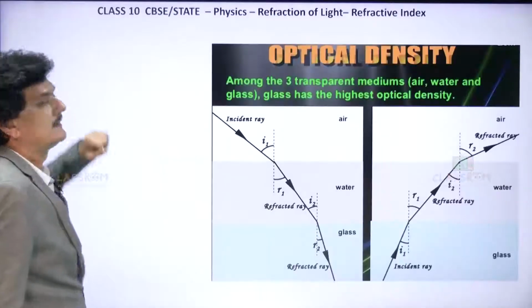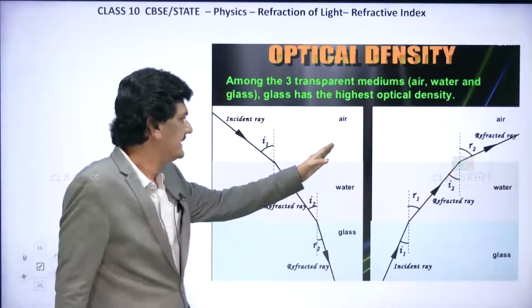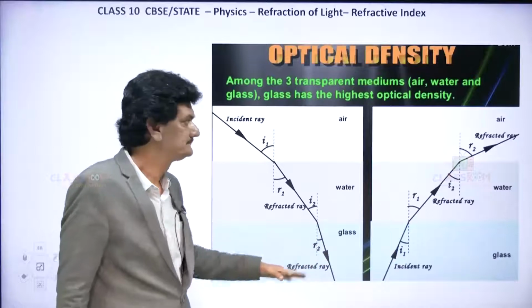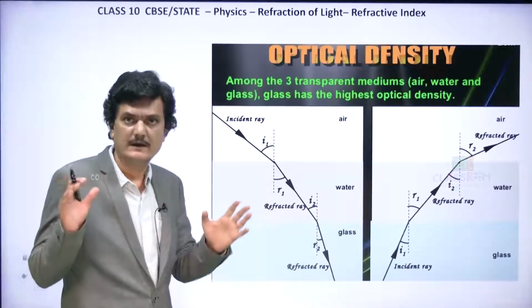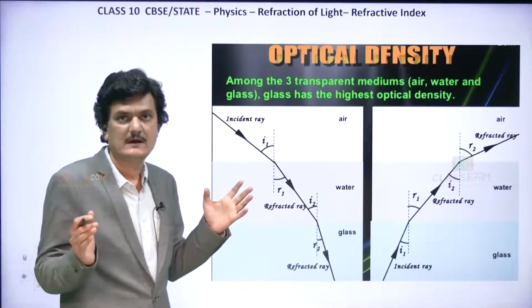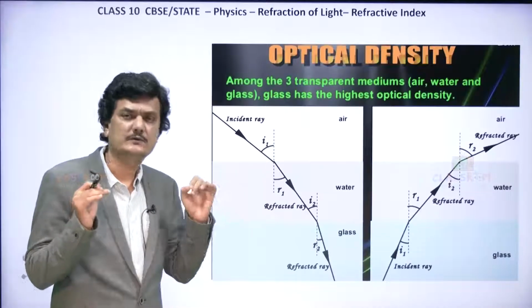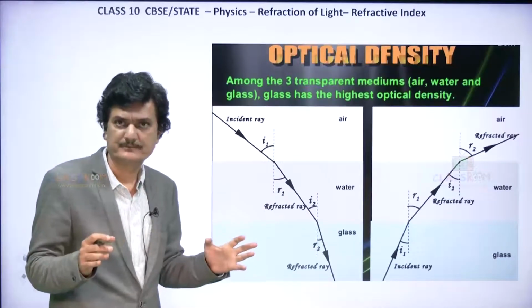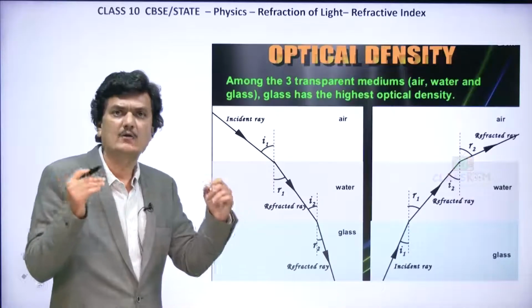Now, here we have three mediums: air, water and glass. As we were discussing, optical density is the most crucial part of refraction, and refractive index is a measure of optical density. How is optical density so crucial?